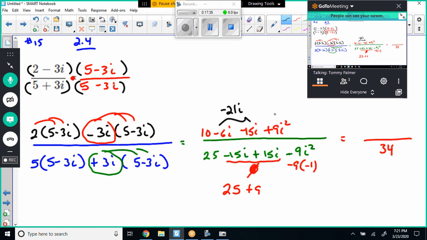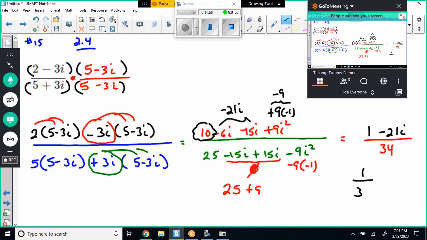And then this would be positive 9 times negative 1, which is negative 9. So we have 10 minus 9, which is 1, minus 21i.